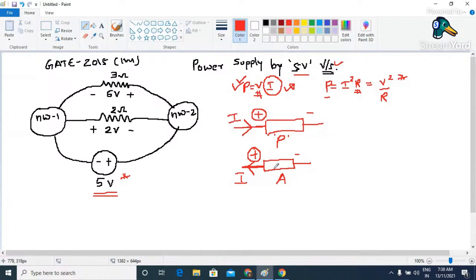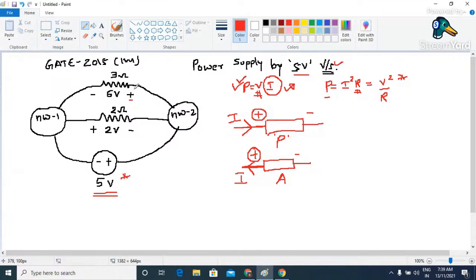This is very important, and the same point we have already discussed in our previous session. So the same logic we need to apply over here, because we know that this is a passive element, and the polarities of voltage developed across this element are known to us. So this is plus and this is minus.